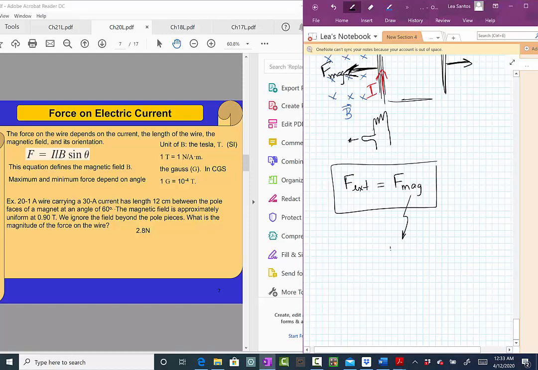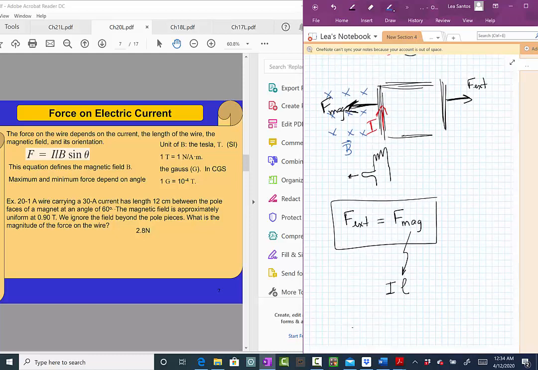This force depends on the current, very well, depends on L. What is L? L is the size of the wire, the piece of the wire that is in that field. Okay, it's right at the edge, so it's in the field. So L is 0.05 meters. And what else do we have?